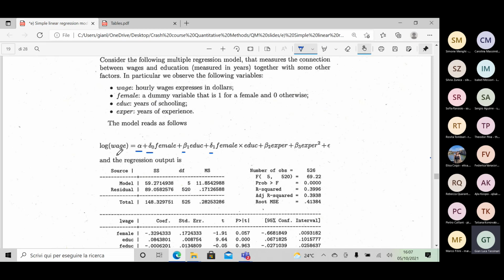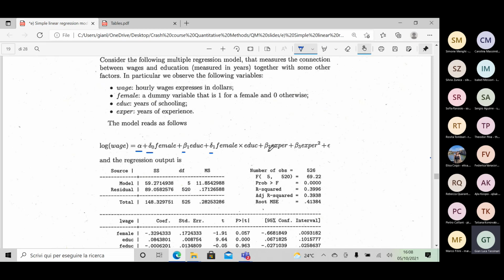For the male, you have 0 times his education, which gives you 0. So this variable assumes a value exactly equal to the education whenever you have a female, and assumes value 0 whenever you have a male. Remember, it's like having 100 individuals, and for each individual you detect gender, education, and the value of this variable, which, I repeat, only for females is equal to education, only for males is equal to 0.